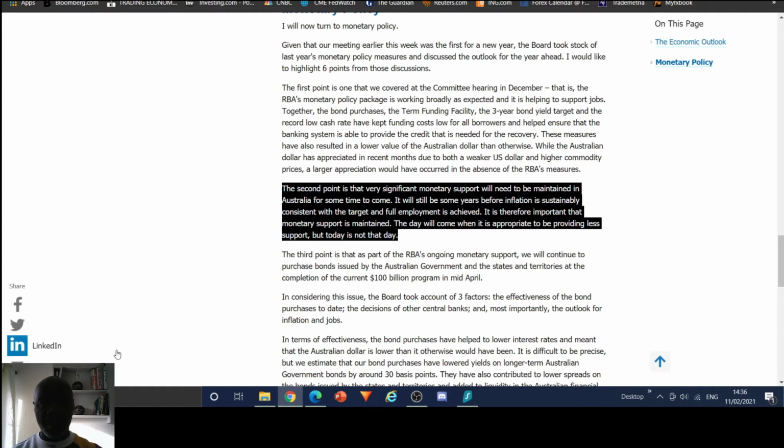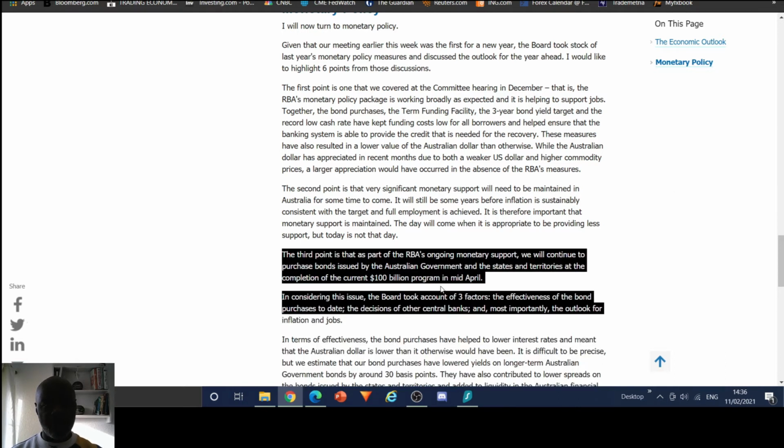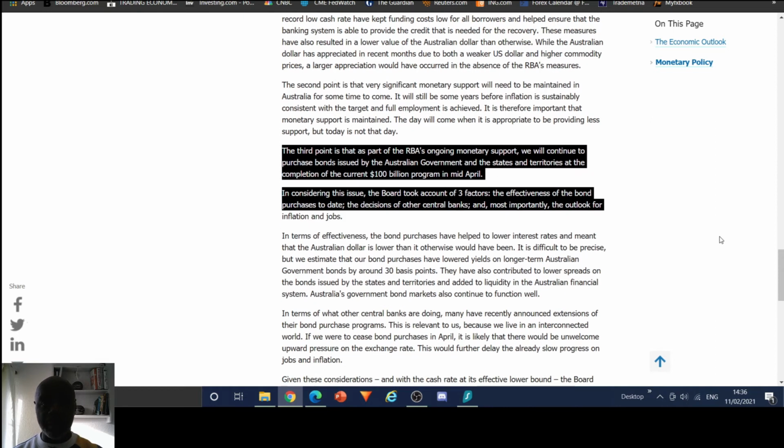What the governor is saying here is that it will be some years before inflation is sustainably consistent with the RBA's target. Some years. Keep that in your mind. The day will come when it will be appropriate to provide less support, but today is not that day. That's telling us that lower interest rates are here for some time in the Australian economy.